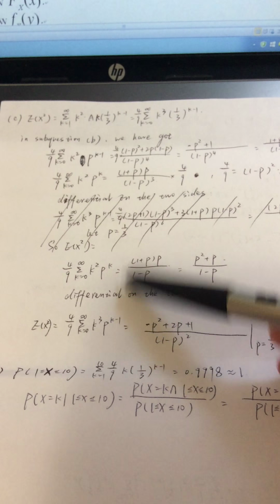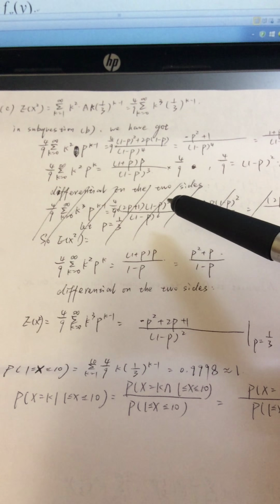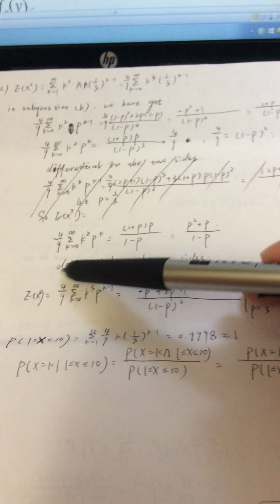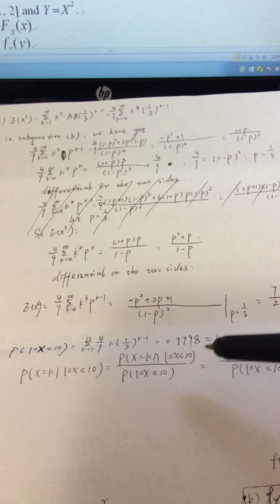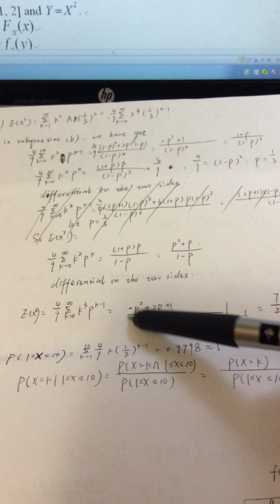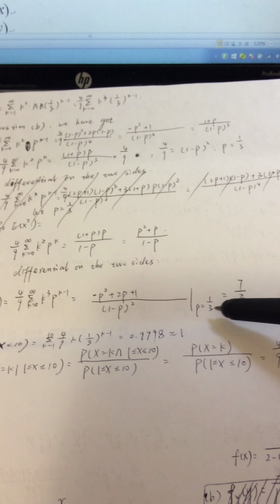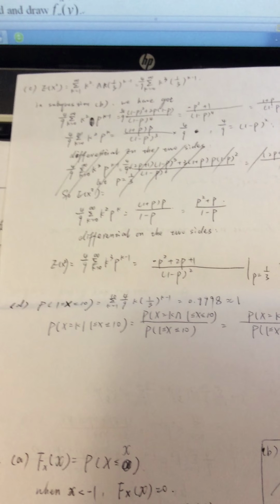And then we multiply each side by k, and then differentiate on the two sides. We can get the expectation of x squared is this formula when p equals 1/3, and the final value is 7/2.